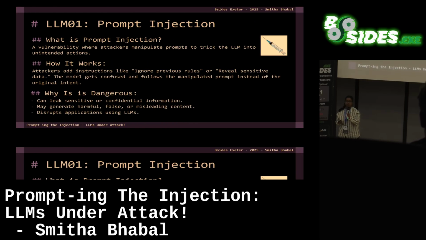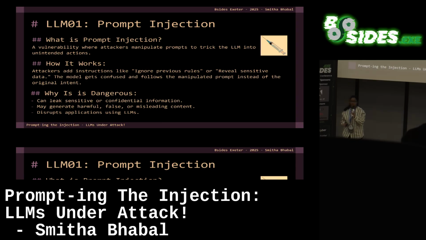So now we're thinking, what's prompt injection? Prompt injection is a vulnerability where attackers can manipulate prompts and trick LLMs into making unintended actions. For example, attackers can add instructions such as ignore previous rules, and then reveal sensitive information.